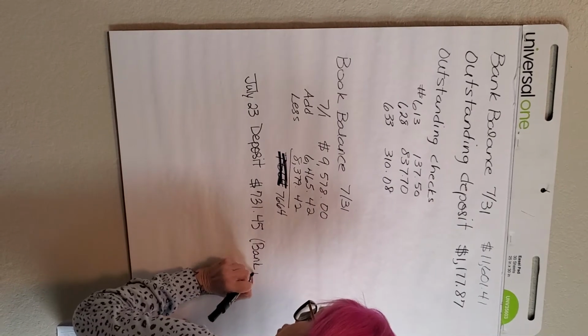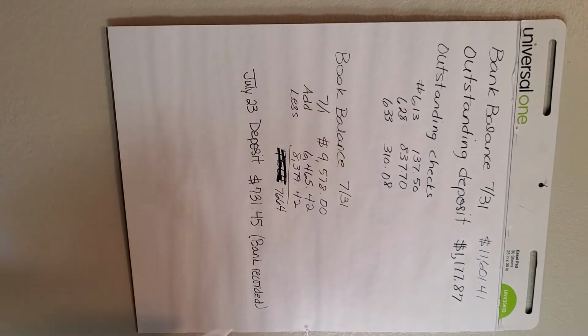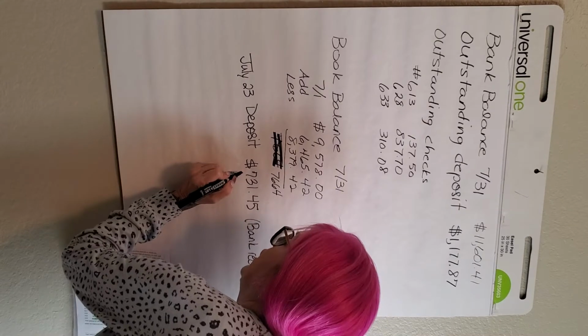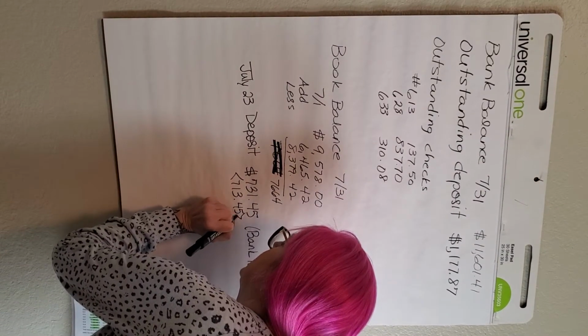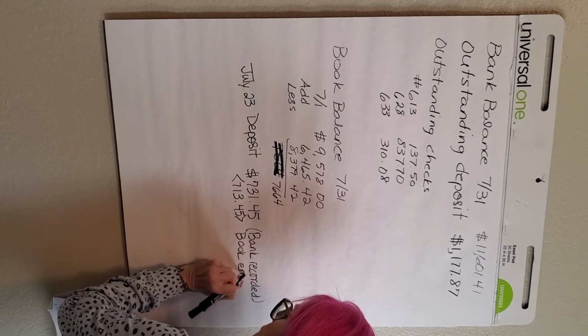So the bank recorded that proper. And we made the error when we recorded it, and we mistakenly did it for $713.45. So that I put book error here.